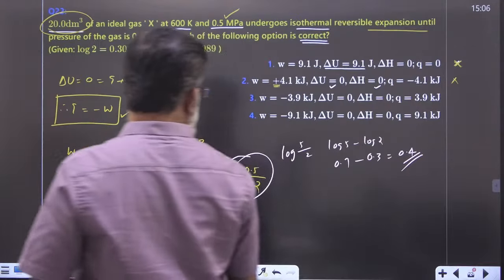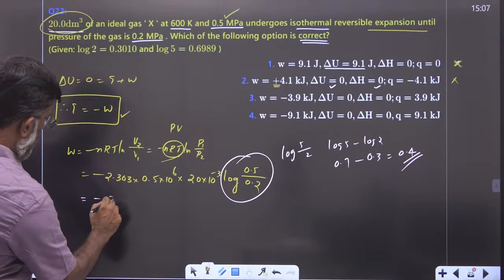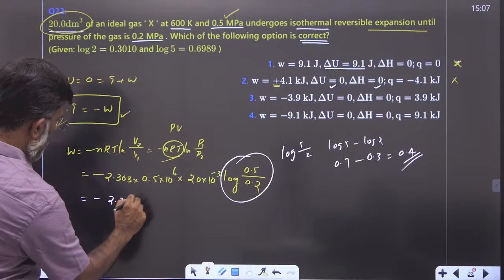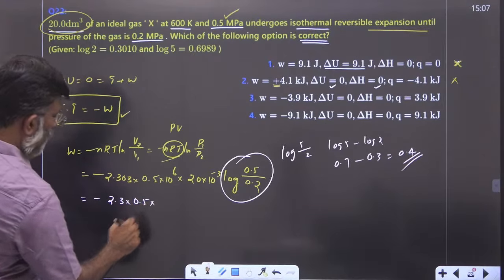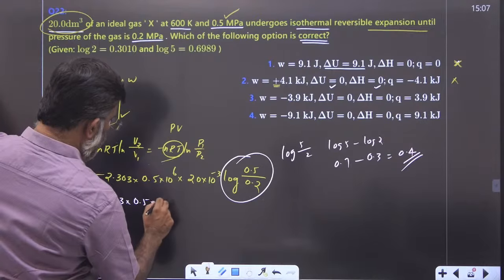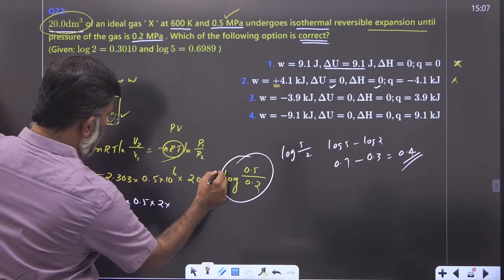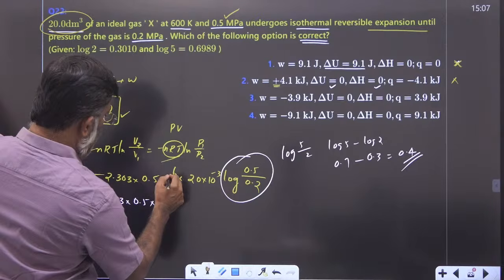Is it correct? 0.4. So that is minus 2.303, 0.5, 2, this will be 10 power minus 2, with 10 power 6.